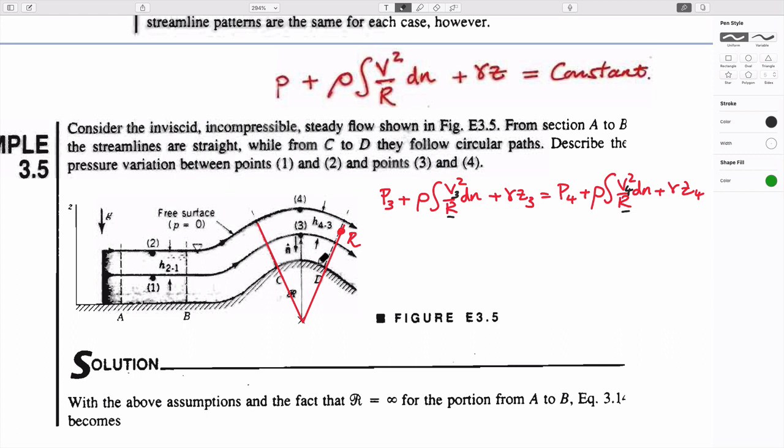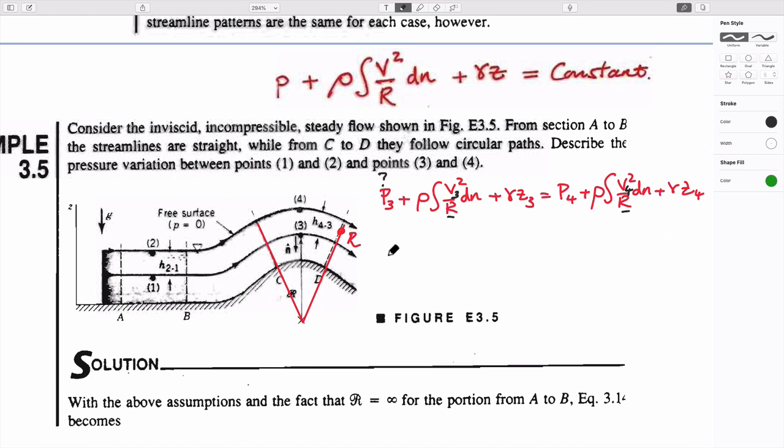And so what we're going to do is try and figure out exactly what this pressure is. We know this pressure has to be atmospheric because it's sitting on the surface. And so we'd like to figure out exactly what the pressure at point 3 is.